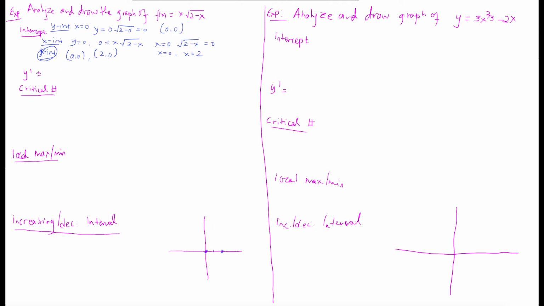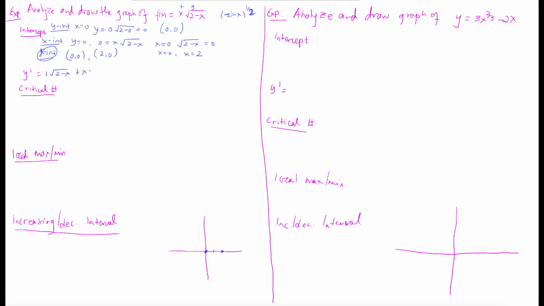To find out the critical numbers, let's find out y prime. So how do I find y prime? You can think of this as f and that as g, and then use the product rule. F prime is 1 times g, which is root of (2 minus x), plus x times g prime. G is (2 minus x) to the 1/2. So how do you find the derivative?